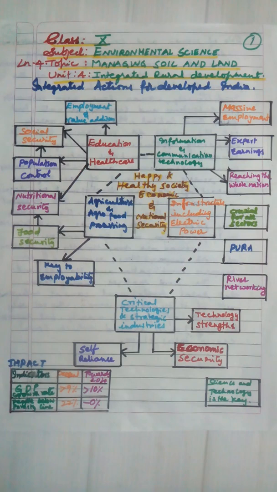The price will be fixed by them. Marketing arrangements and services to enable farmers to obtain a full market price for their marketed surplus. For their surplus, for the excess, they should get full market price.